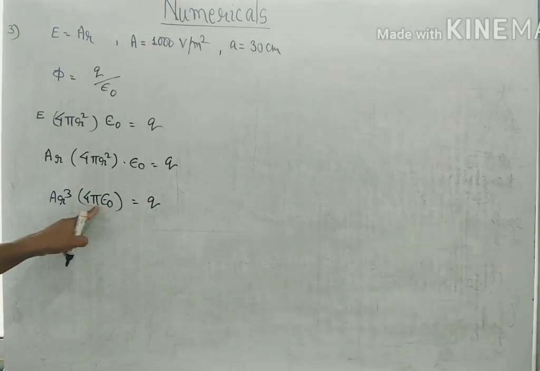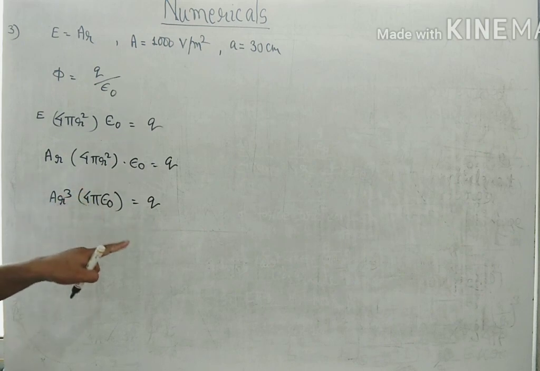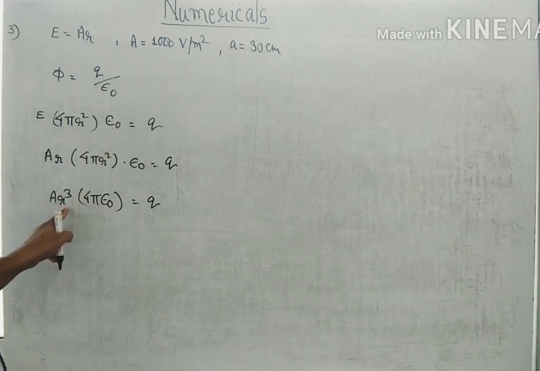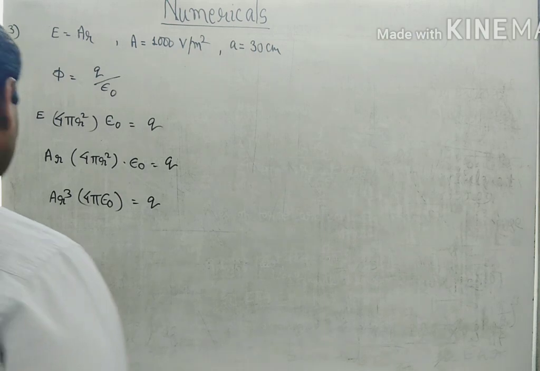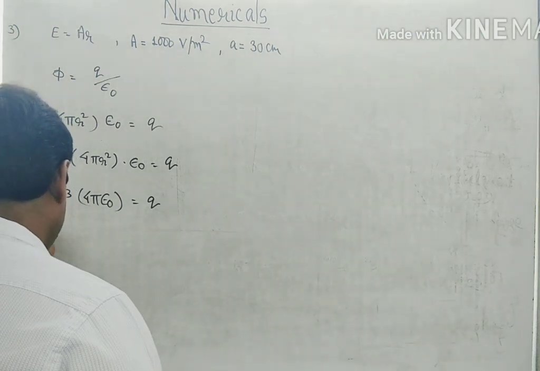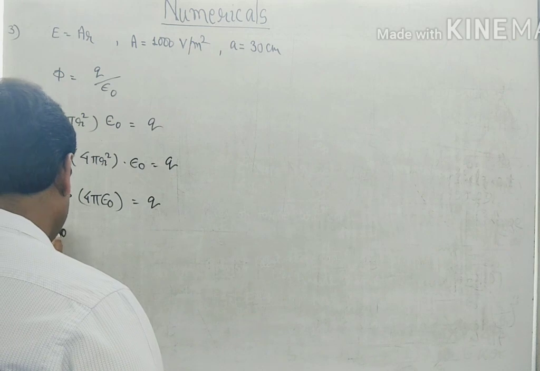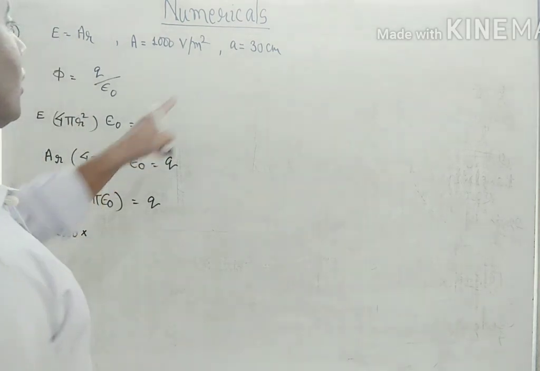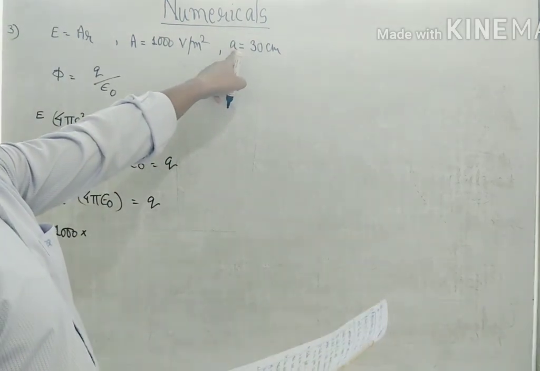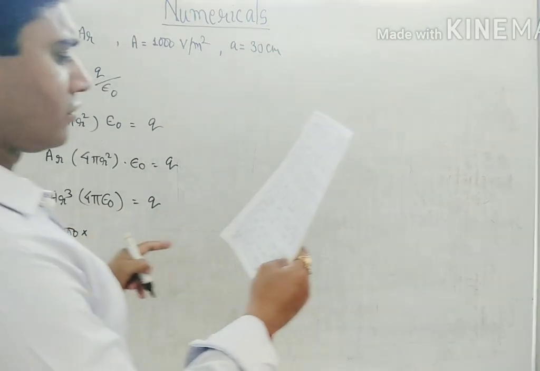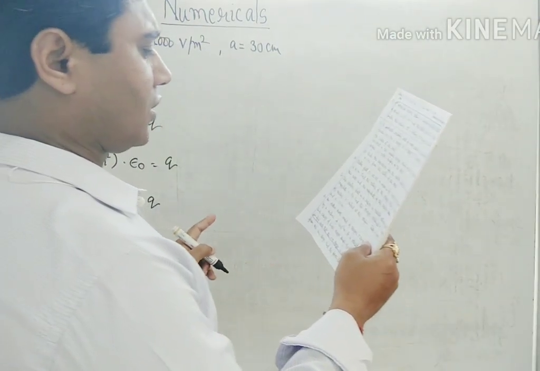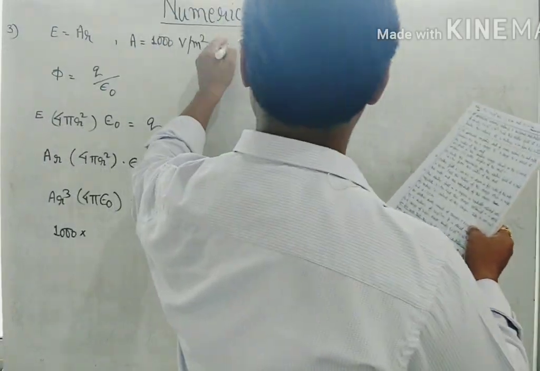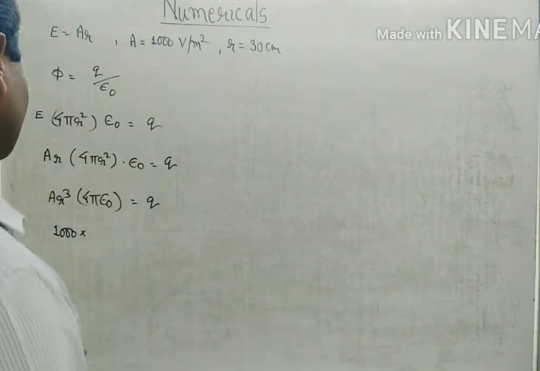Now see, this 4 pi epsilon naught has got value 1 upon 9 into 10 to the power 9. So we can directly have A given to be 1000 and r also given. Actually this a is the radius, so that we don't have any confusion, I write small r.